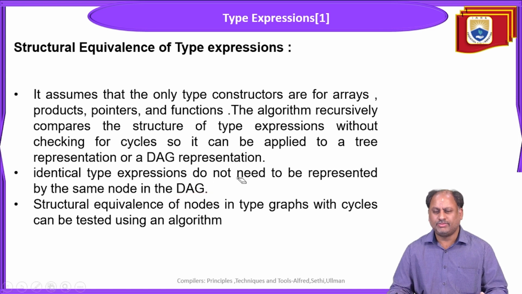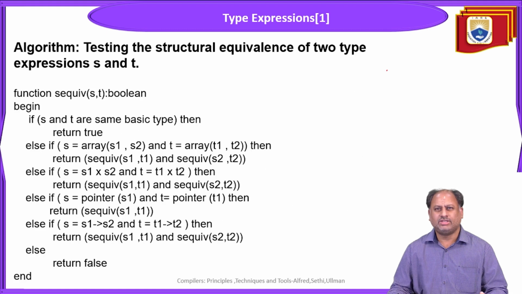We can maintain the parent-child relationship with the corresponding dashed lines, indicating the association between the parent and the child. Like that, we draw a notation where this equivalence is verified, and based on that we can say whether it is structurally equivalent, and name equivalence can also be verified.